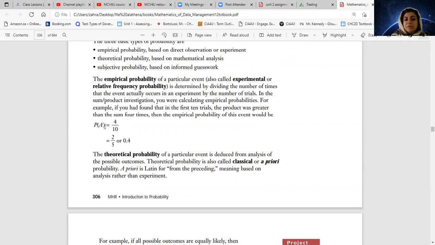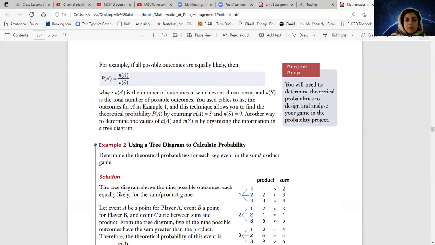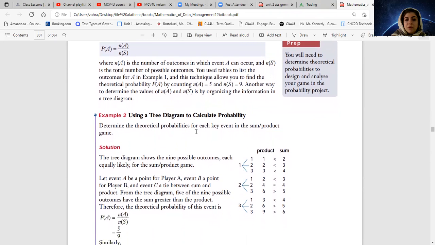So the probability would be 4/10. So P of A, the probability of event A, is the number of that event divided by the total events. As I said, the event that the sum is greater than the product is 5, and the total is 9.